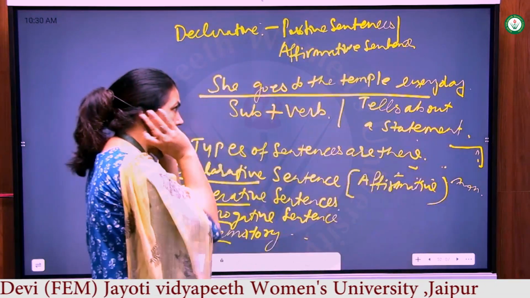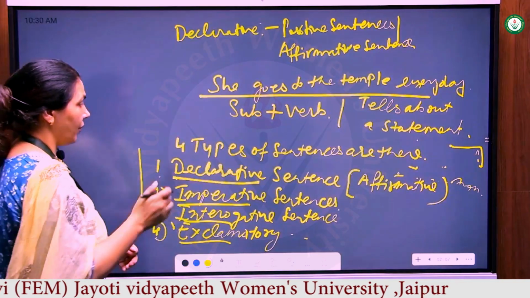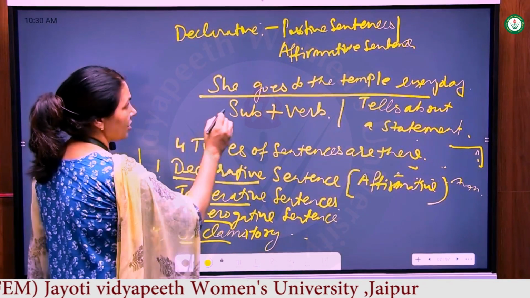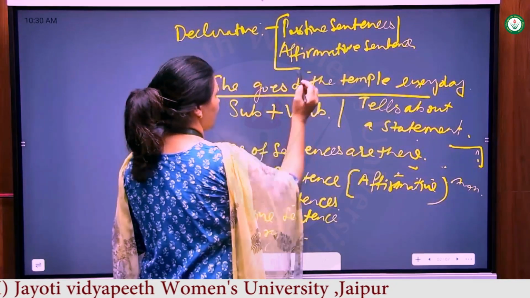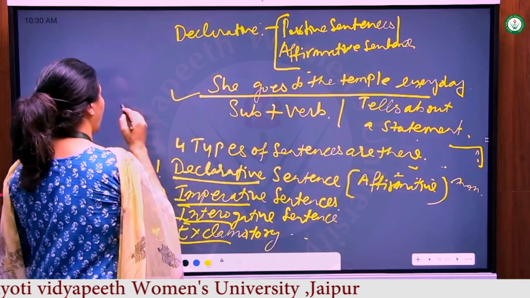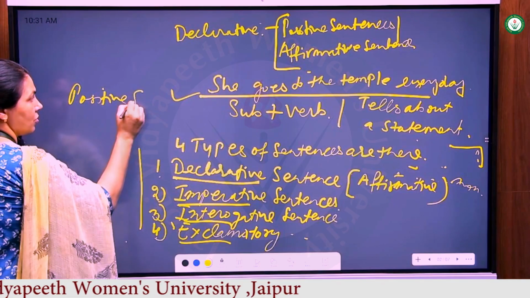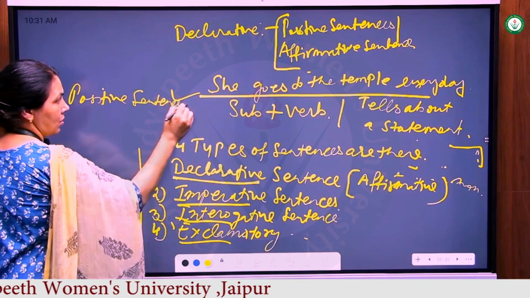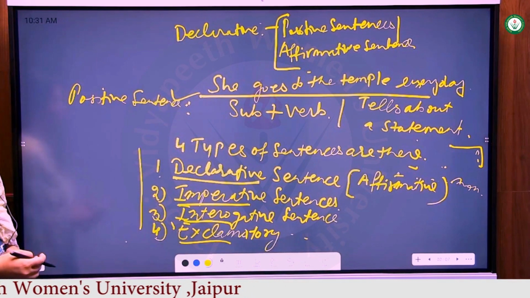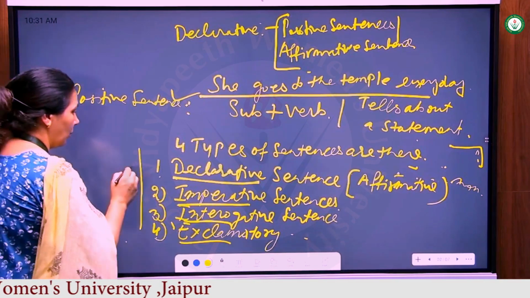So the first point which we have discovered right now is the declarative or affirmative sentence, meaning something is positive. So that is the positive sentence. Clear?